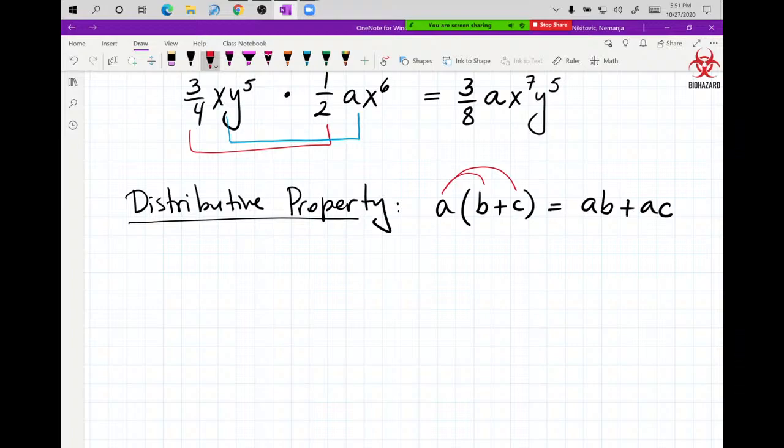Now, we also said that this distributive property works if you have more than 2 members in a parenthesis. Remember, when I walk in the classroom, in the good old times, I distribute exams. That means, let's say 20 students in a classroom, then 20 students will get that exam.